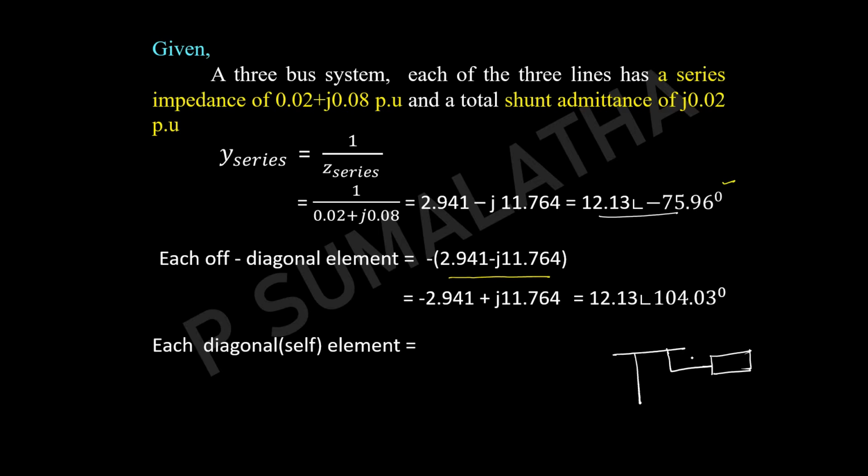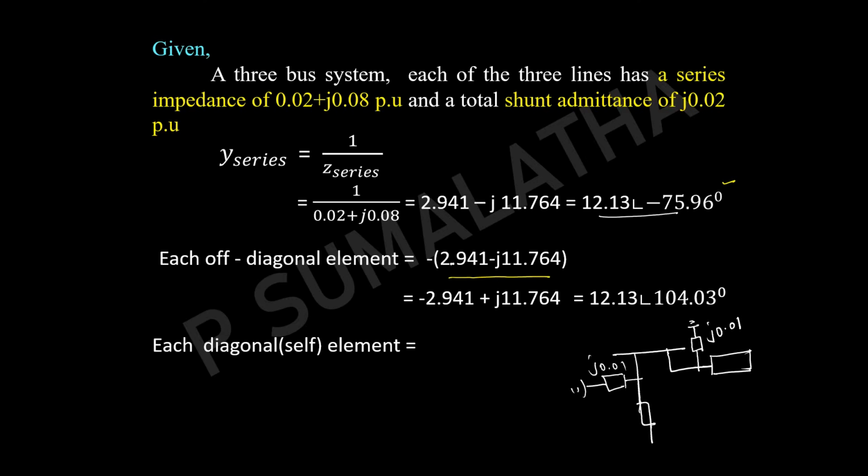Then the shunt admittance of J0.01, because it is the total shunt admittance given. So half of the value will be connected J0.01, and this side also J0.01 will be connected, and here you have a series impedance. So that means 2 times of this value.